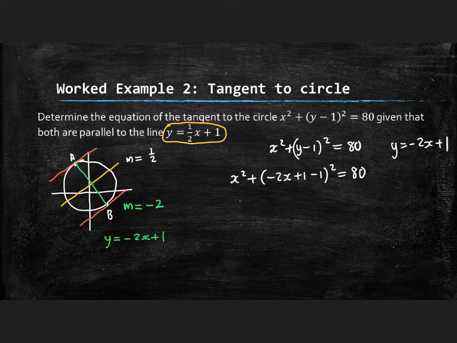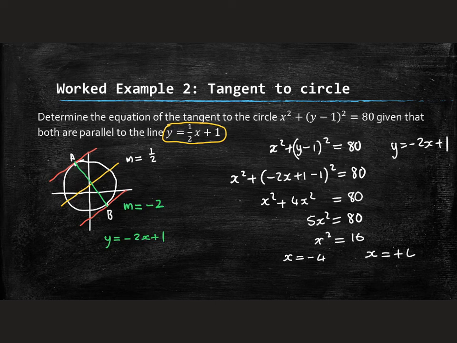And when we tidy this up, what we get then is x squared plus 4x squared equals 80. So 5x squared equals 80. And so therefore x squared equals 16. So x is equal to minus 4, or x is equal to plus 4.